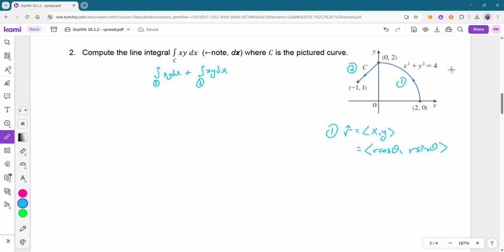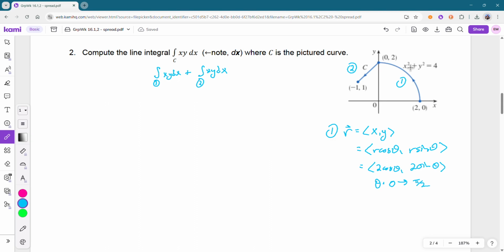But all along this circle, our radius is 2. And so we have 2 cosine theta, 2 sine theta as our function. And in order to start where we want to start and end where we want to stop, we want to start our parameter theta at 0 and move it up to pi over 2 and stop there. So theta from 0 up to pi over 2. So let's start there.